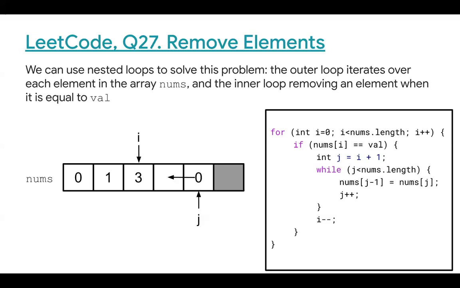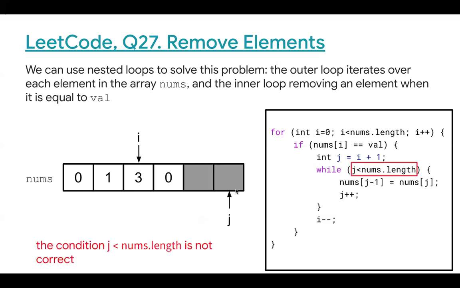After we remove the first occurrence of value 2 from our array and move all the elements one slot to the left, the last element now we can consider as empty. So now this condition, j is smaller than nums.length, is not correct, because in this iteration, pointer j doesn't need to go to the end of the array.